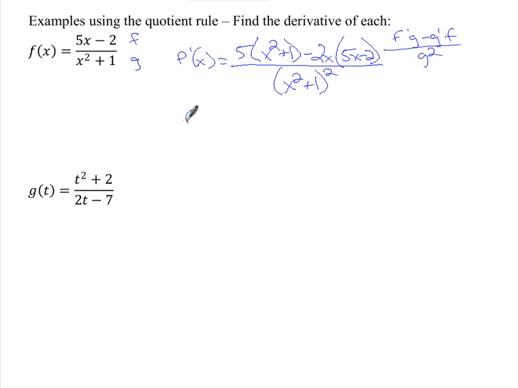So we have f prime of x equals, I can distribute in the numerator, and I get 5x squared plus 5. I can distribute here as well, and I get negative 10x squared plus 4x. And all divided by, I'm going to leave the denominator alone, x squared plus 1, quantity squared.